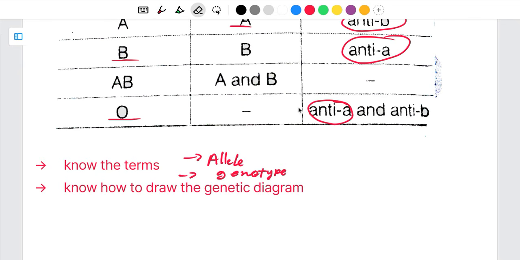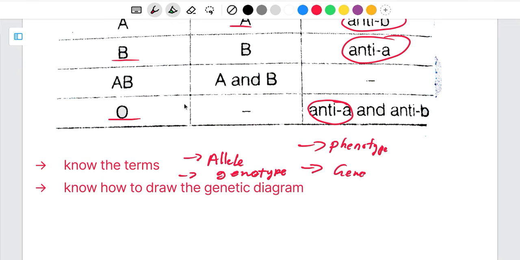You have to know the definition of the word phenotype, as well as other terms like inheritance and a gene. You have to know the definition of a gene, and of homozygous dominant, heterozygous dominant, codominance. All those things are very, very important.